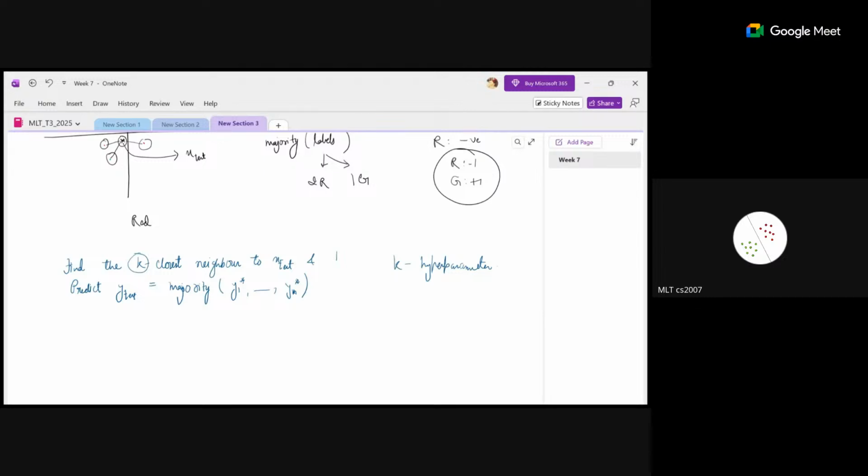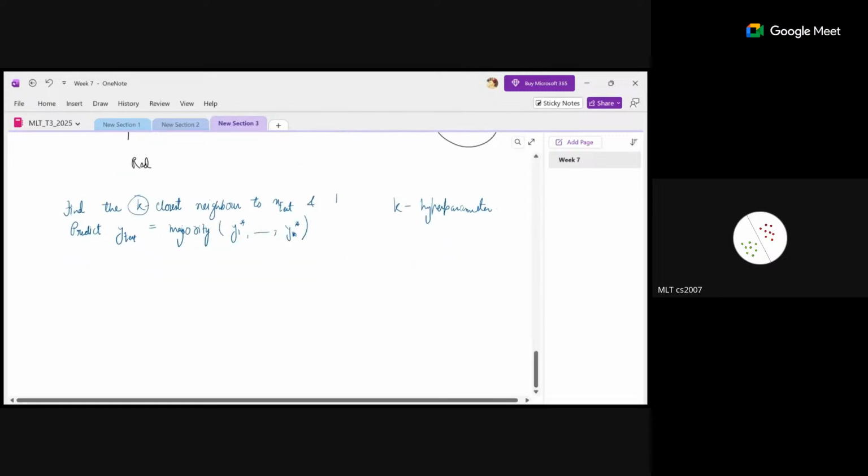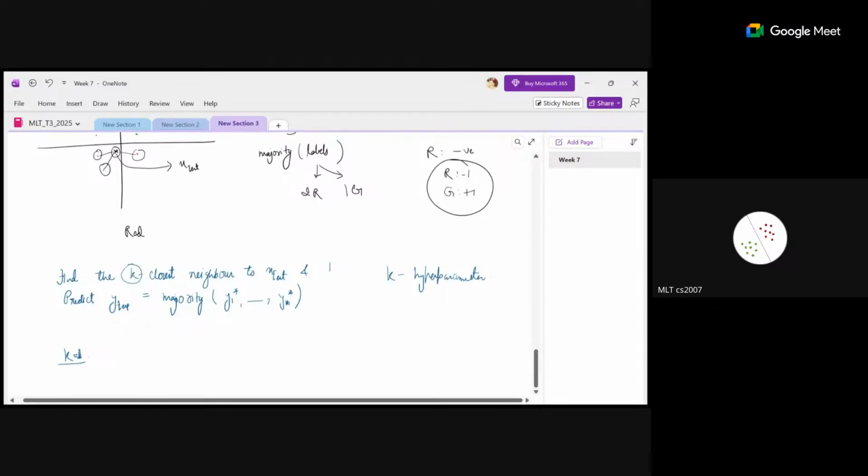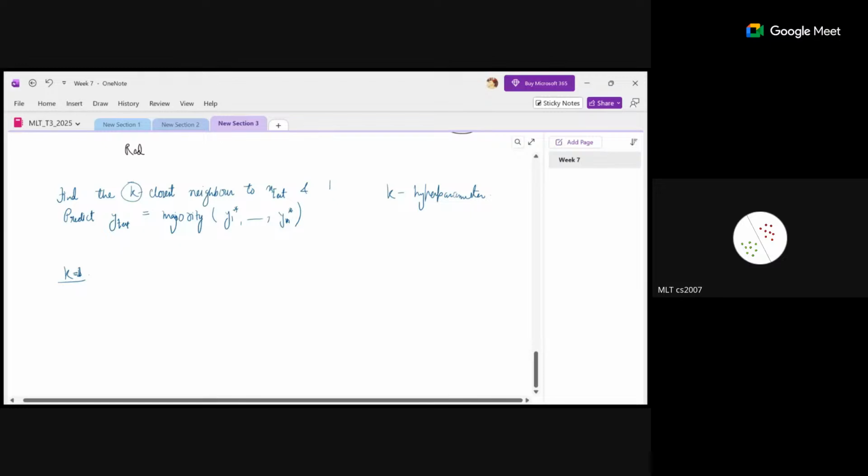So what happens if k is equal to 1? If k is equal to 1, I'm going to look at the closest point to that data point. It turns out that it is very sensitive to outliers.